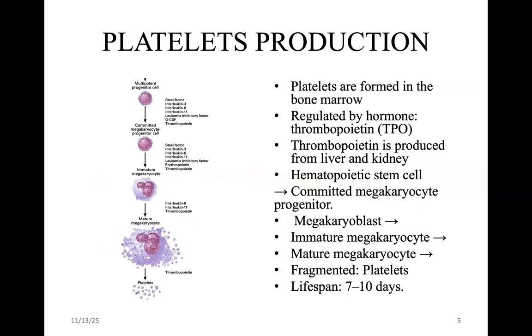Before platelets are produced, like I said, there are signals that are released. Alongside these many signals, the pioneer driver is the hormone called thrombopoietin. In the case of RBCs, we spoke about erythropoietin, which is mostly produced from the kidney.